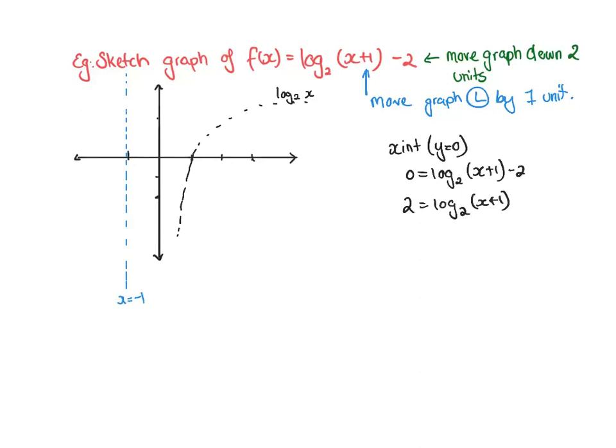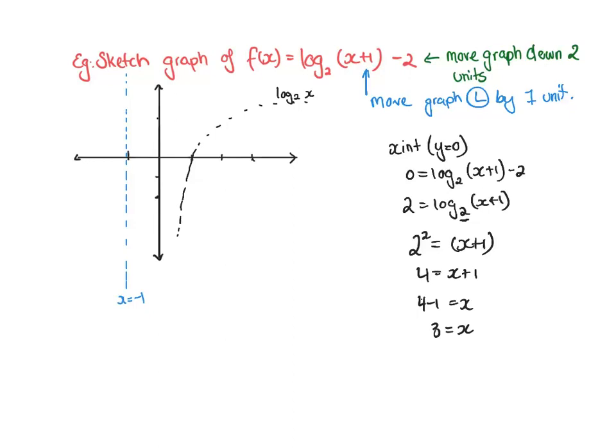And now we can use our exponential or log law. We know if it's a base of 2, then 2 squared equals the x plus 1. So I can say 4 equals x plus 1. So 4 minus 1 equals x. So 3 equals x. So our x-intercept is at 3.